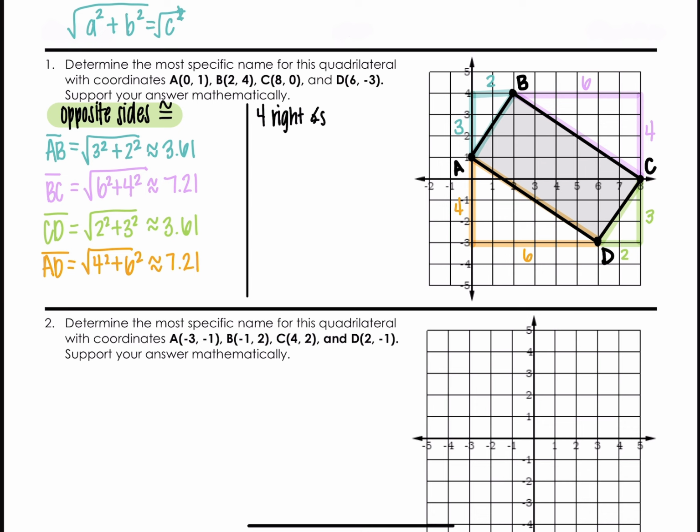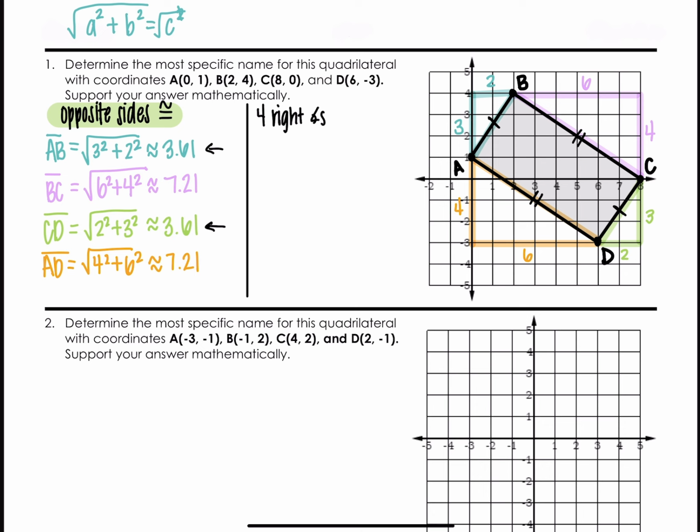So what have we just proven? We've just proven that this side, AB, is congruent to this side, CD, and that BC is congruent to AD. All right. On the other hand, we said right now, that's not enough.